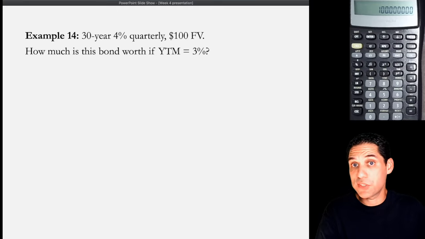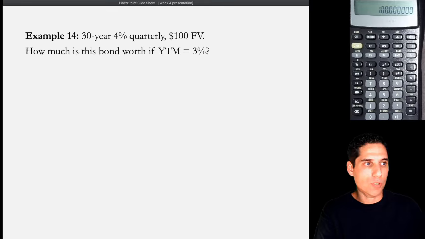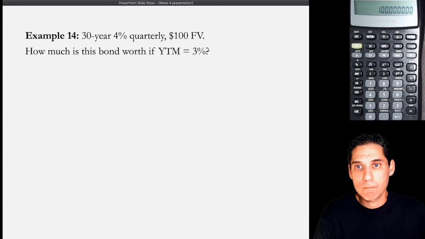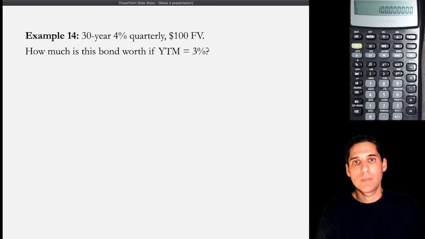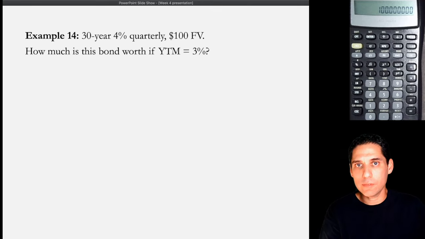Maybe this bond got safer somehow. For whatever reason, we are going to be satisfied with a lower return from holding this bond. So 3%. But it's paying 4%, right? It's paying too much. So something's got to give, and of course, what's going to give is the price. The price will have to move.